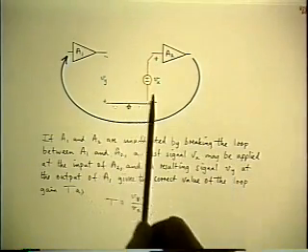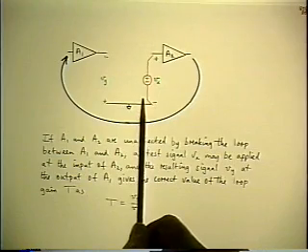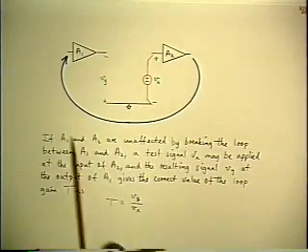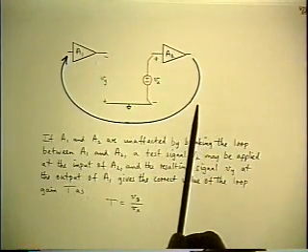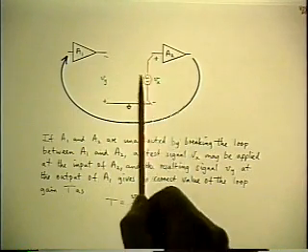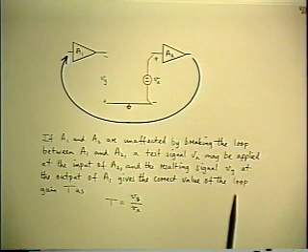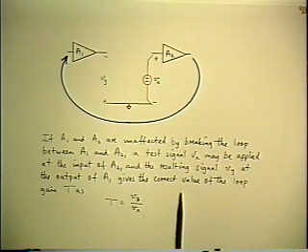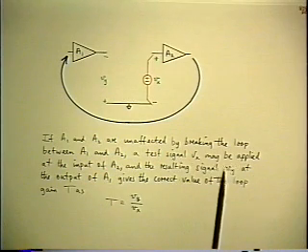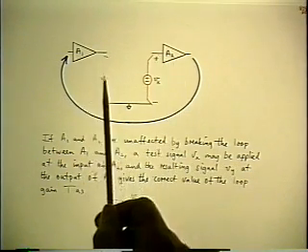When you break the loop, the first thing you have to do is apply a DC bias, because you have to reestablish the same DC operating points. And that may be very difficult to do if the loop has a high DC gain, which it would if it's a DC amplifier, DC coupled, and especially if it's a power supply. They all have huge DC gains.